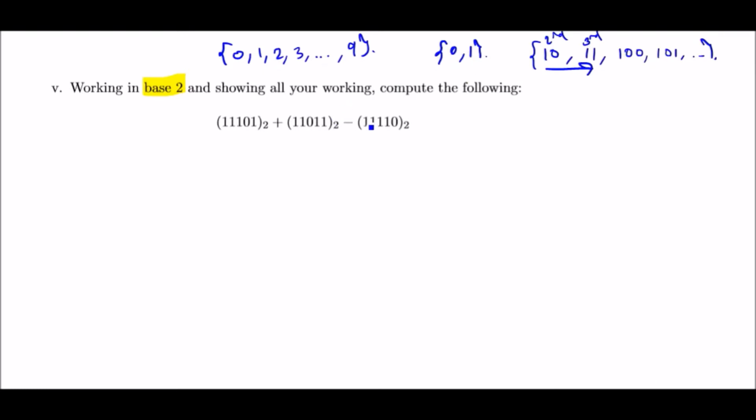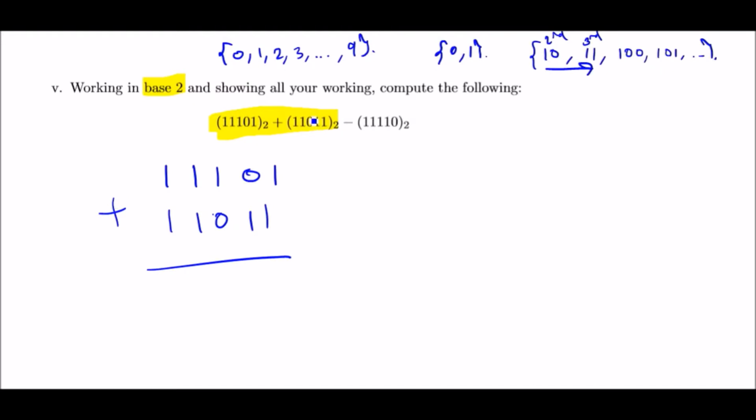So let's just try this out, yeah? First things first, I'm going to add these two first and then subtract the next one later. Let's write it down neatly. 1, 1, 1, 0, 1 plus 1, 1, 1, 0, 1, 1.